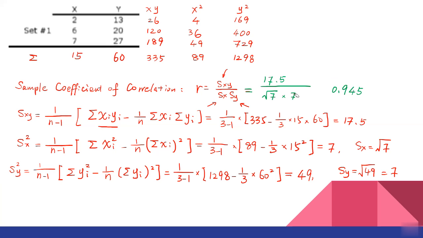And you can see here 0.945 is a positive number that is very close to 1, right? So the conclusion is x and y have a very strong positive linear relationship.